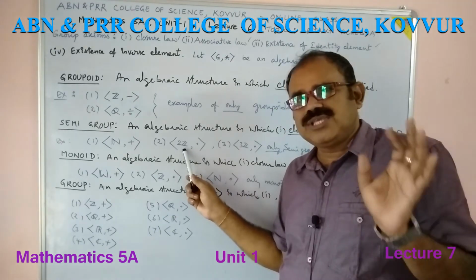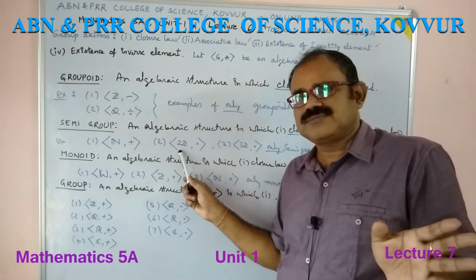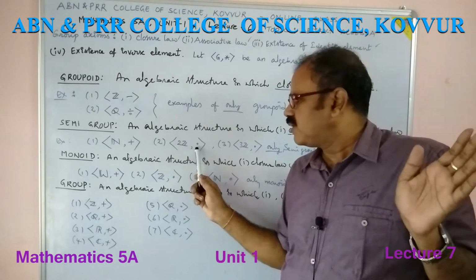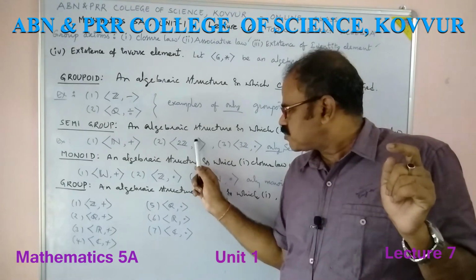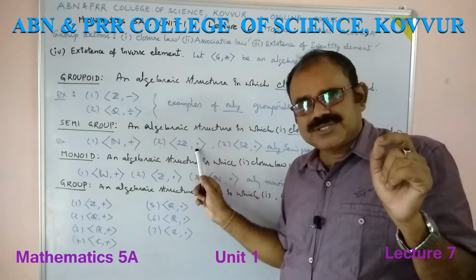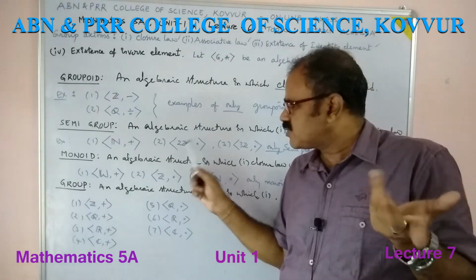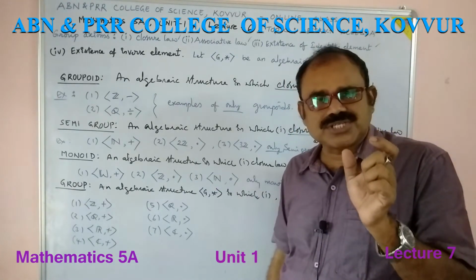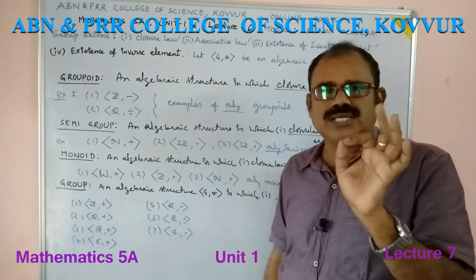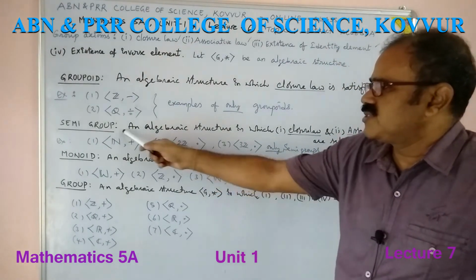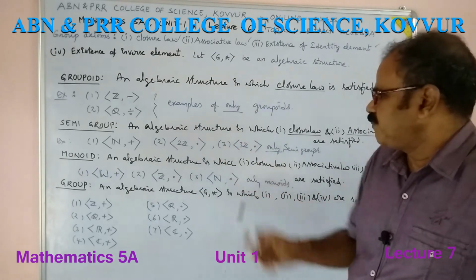Product of two even integers is an even integer. Associative law with respect to multiplication is easily satisfied, but with respect to the binary operation dot, the identity element is 1, and 1 does not exist in 2Z. Therefore, 2Z dot is the algebra structure which satisfies only closure law and associative law. Therefore, this is a semi-group only.